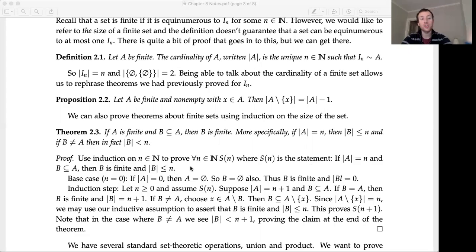Proofs by induction have two cases. First, assume n equals 0. What we need to prove is that if the cardinality of A is 0 and B is a subset of A, then B is finite and B also has cardinality less than or equal to 0.